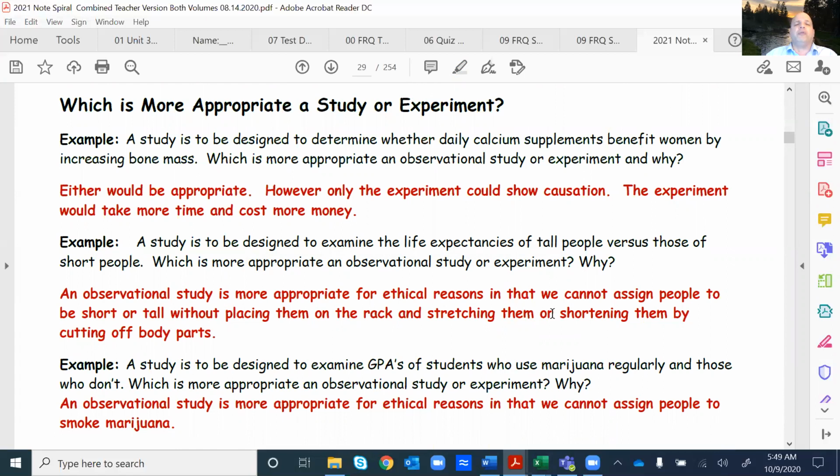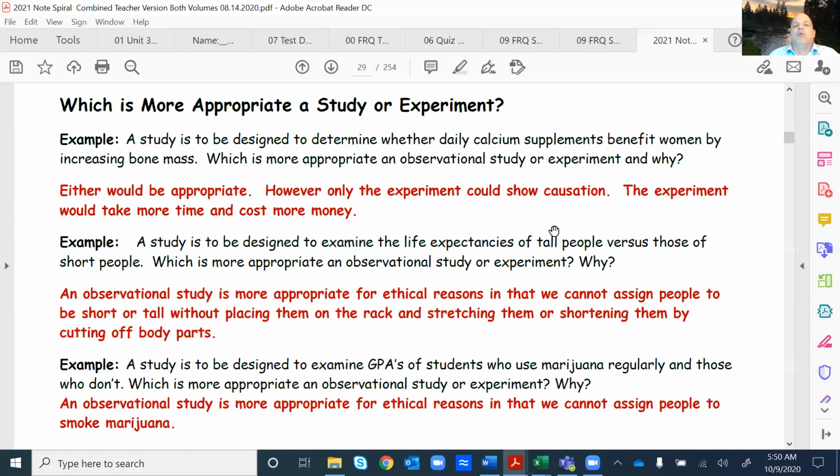So here's some simple things on ethics. A study is designed to examine the life expectancies of tall people versus those of short people. Well, obviously, the response variable that we're interested in is life expectancy.